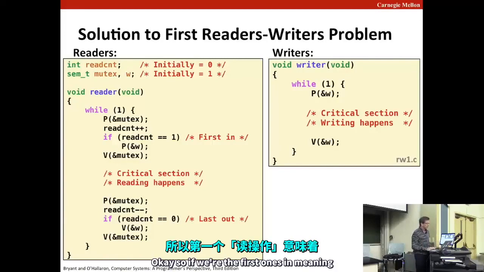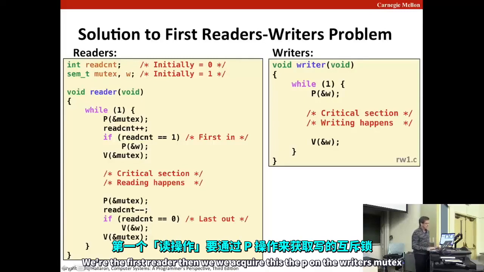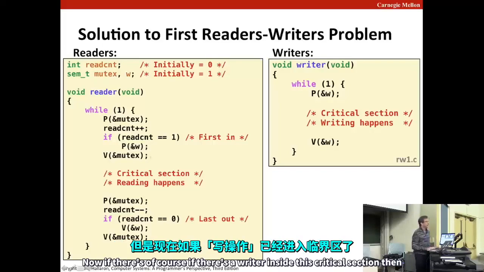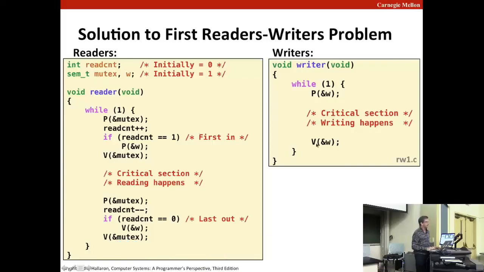If we're the first reader, then we do the P on the writer's mutex. Of course, if there's a writer inside this critical section, then this P will wait until the writer releases.